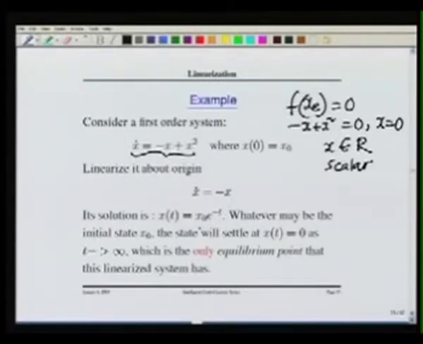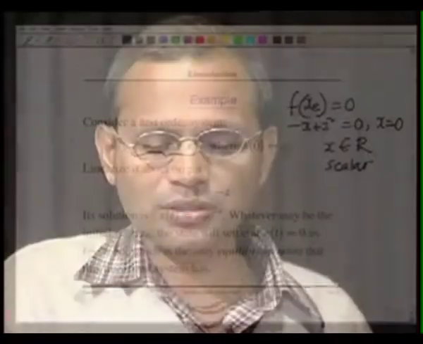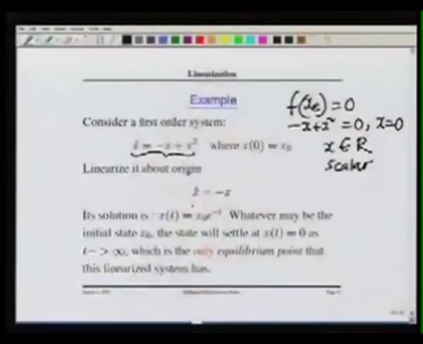I hope that you are very well aware how to get the solution of this. You can verify now that you put x(t) equal to x naught e to the power minus t here, differentiate it, and at t equal to 0 put the value x naught, and you will see that this equation is satisfied. Whatever the initial state x naught may be, the state will settle at x(t) equal to 0, because whatever initial condition you take, you perturb the system from its initial position, it will always come to the origin.